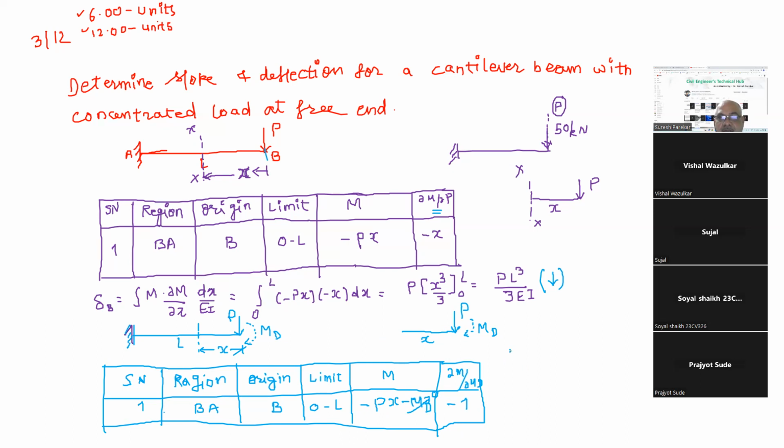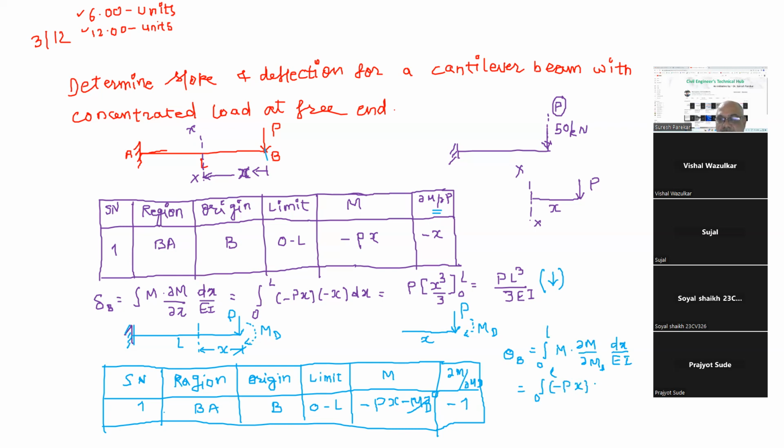And then we have theta at B equal to the integration 0 to L of M into ∂M by ∂Md dx upon EI. Now substitute the values in this equation. We have 0 to L. Value of M is minus Px.